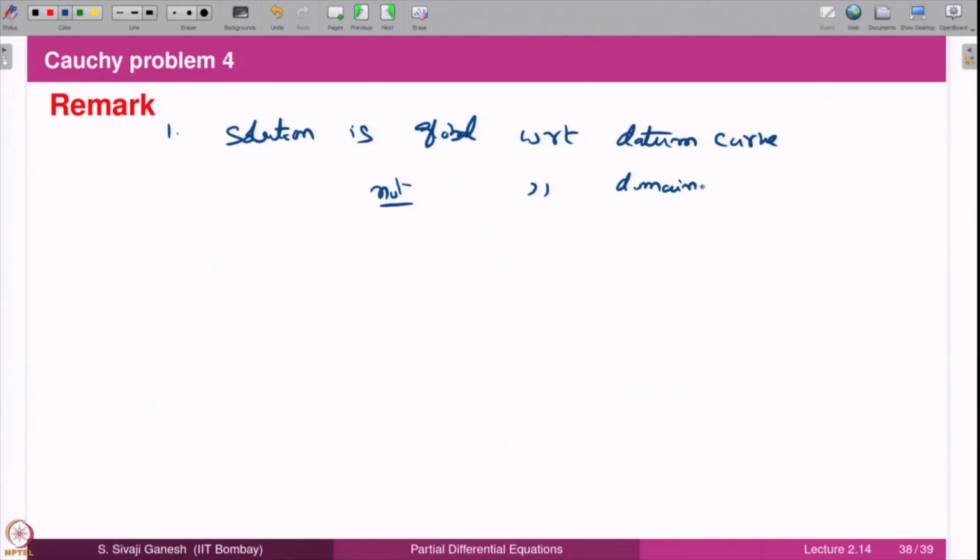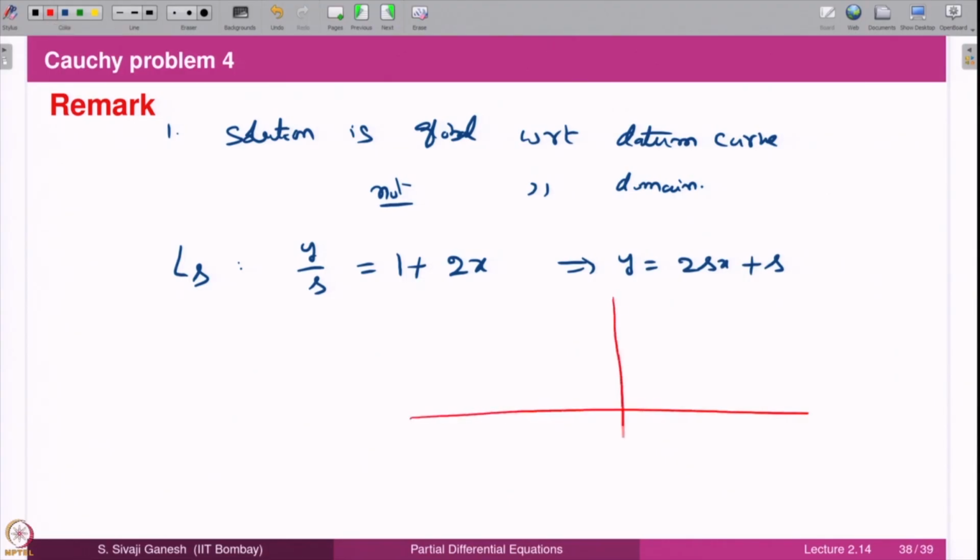So, it turns out that at that point base characteristics meet up. So, the equation for base characteristics is y by s equal to 1 plus 2x. That implies y is equal to 2sx plus s. All of them pass through minus half, 0, when s is minus half, y is 0.